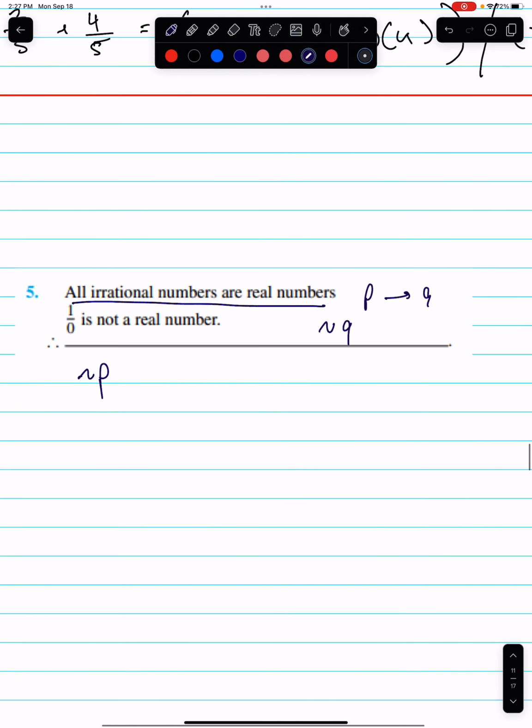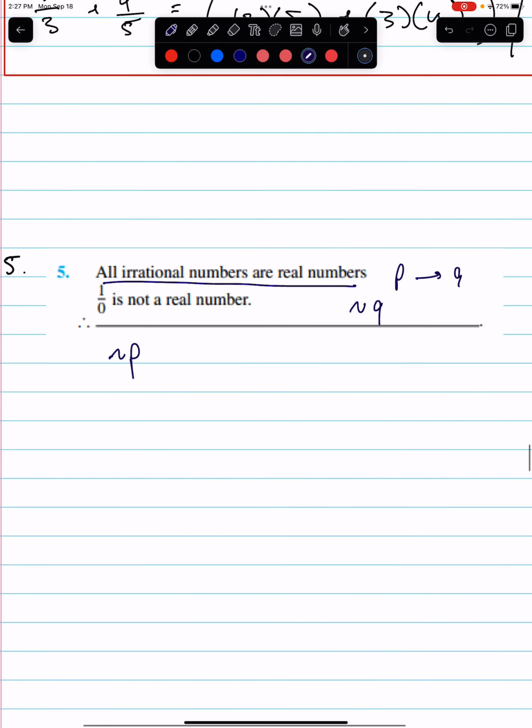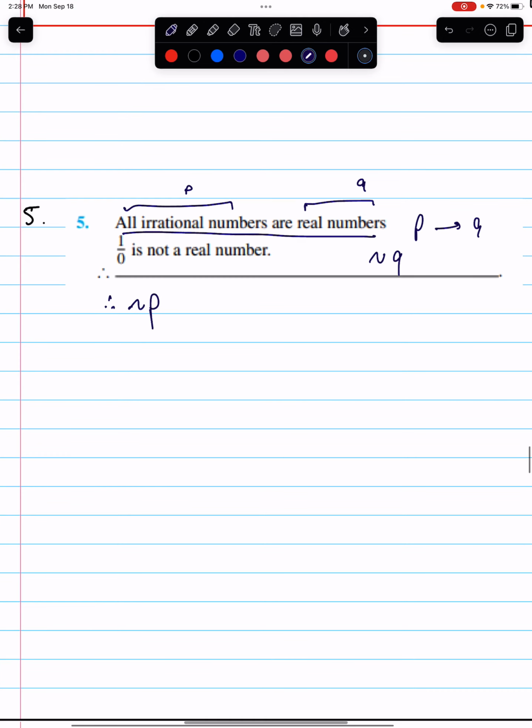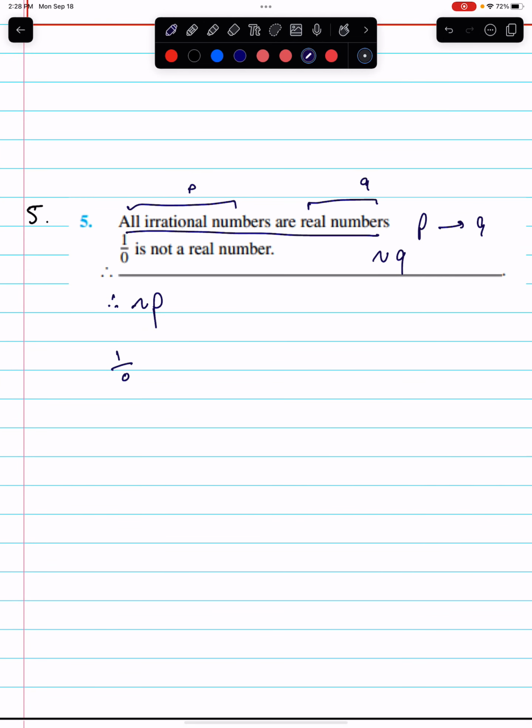So if this is P, this is Q, and they've given us not Q, we'll say 1 divided by 0 is not irrational, because it's not a real number, so it must not be irrational.